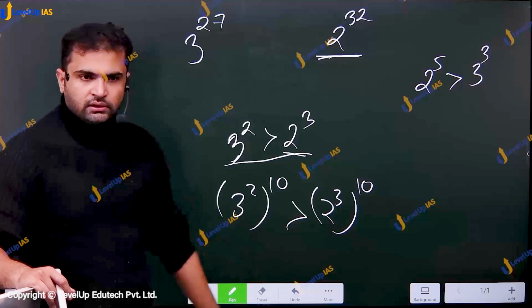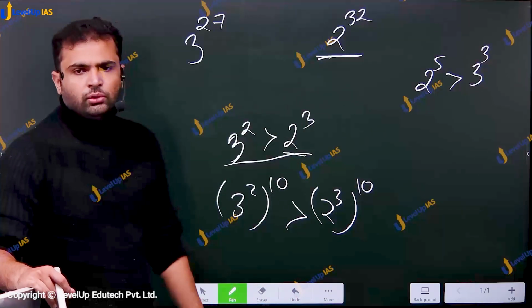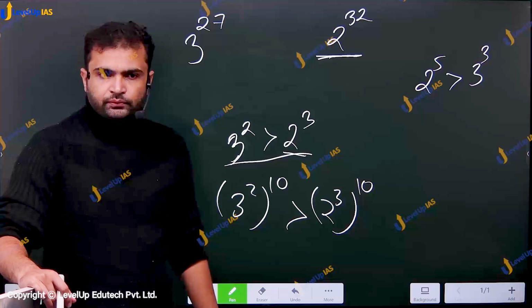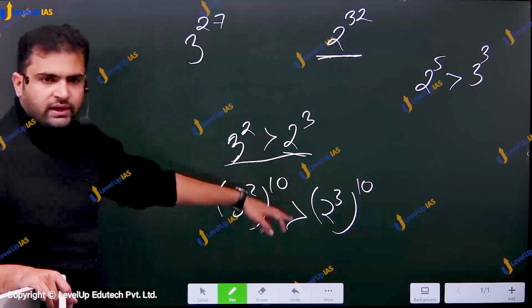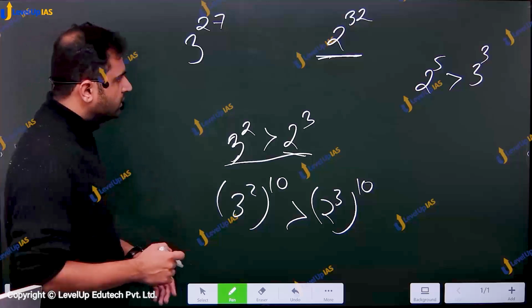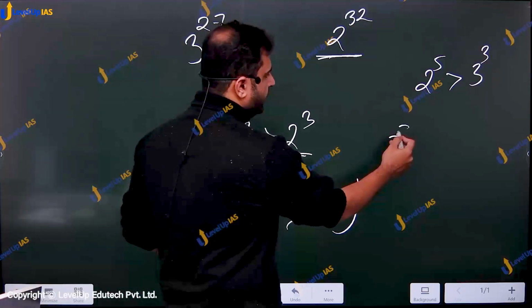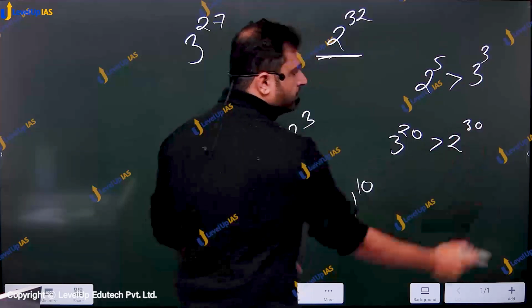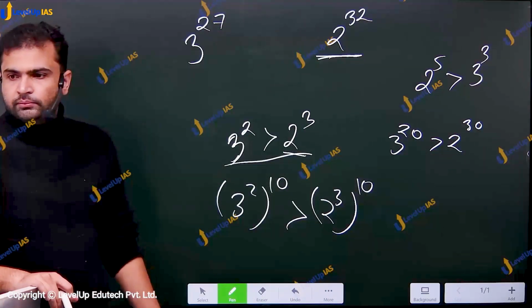But from 30 I'll get this inequality. From this I can arrive at this. What is this? This is 3 raised to 20 is greater than 2 raised to 30. Fine.